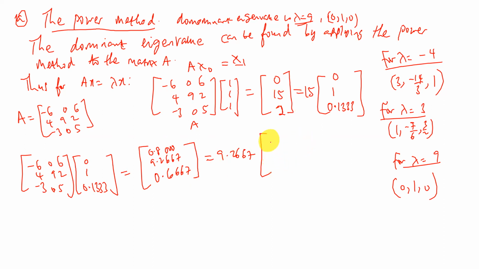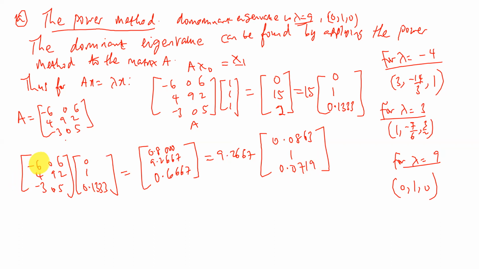So it's going to be 0.0863, 1 here, 0.0719. Okay, so these are like 2 iterations.